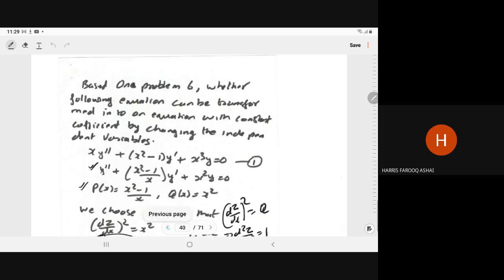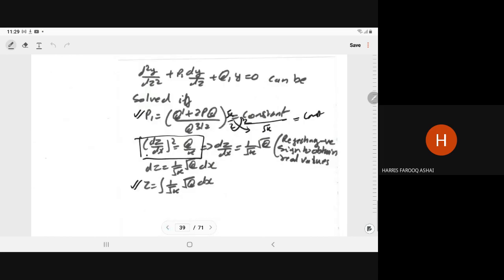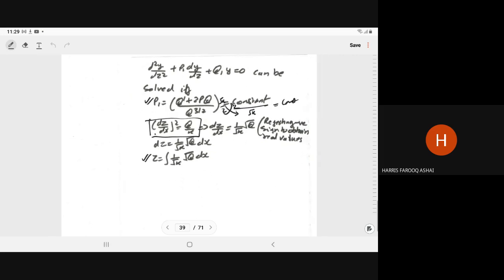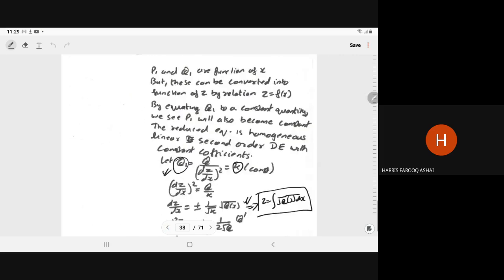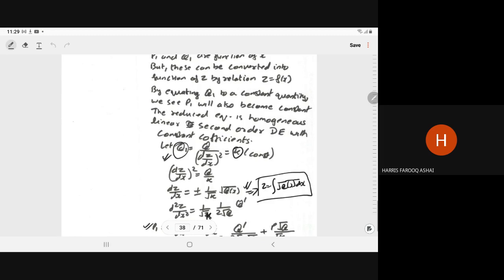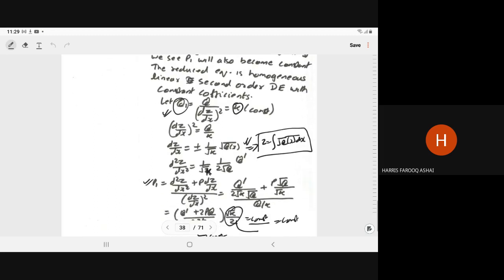If you want to see the derivation, then here we have the derivation. This is the derivation.